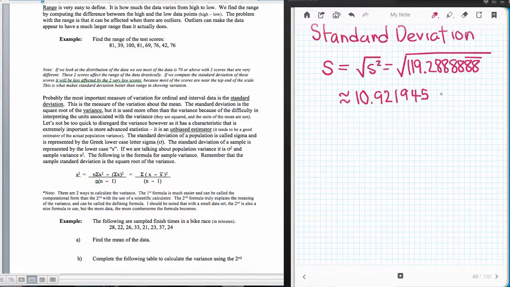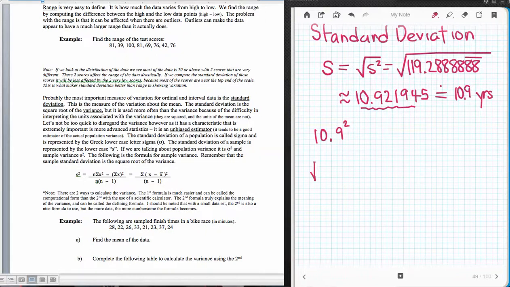And then I'm going to report, again, this is for me, right? And this is to report, I'm going to report one more decimal than the original data, 10.9, and these are in years. Now what I'd like you to do is take 10.9 and square it.